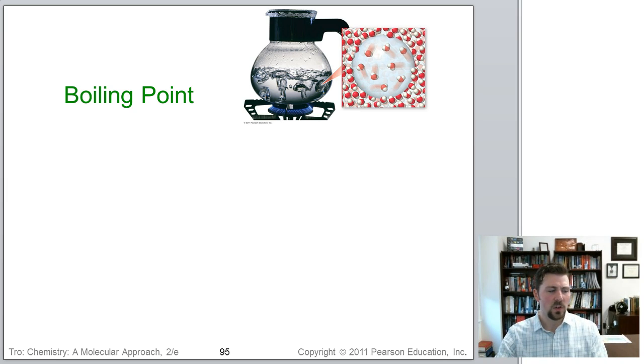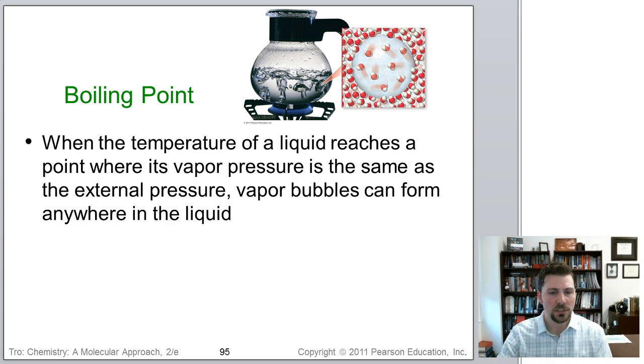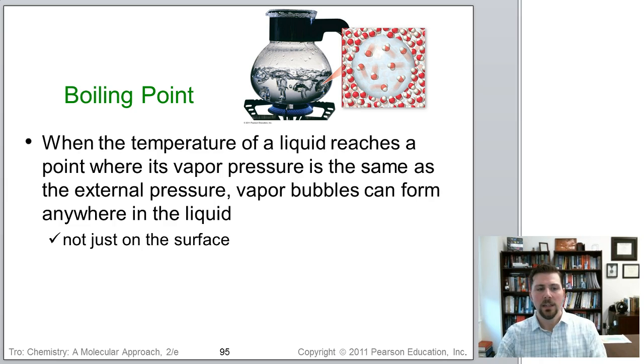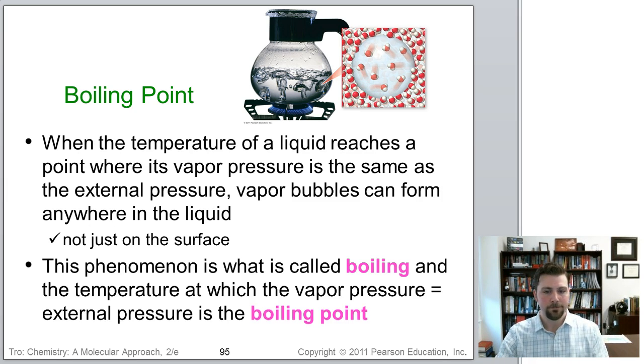We talked a little bit about this already, but the boiling point is a special time when the vapor pressure reaches the external pressure. Okay, so this is a phenomenon that happens that we call boiling, and it happens when the temperature reaches the point where the vapor pressure is equal to the external pressure. That is the definition of boiling point.